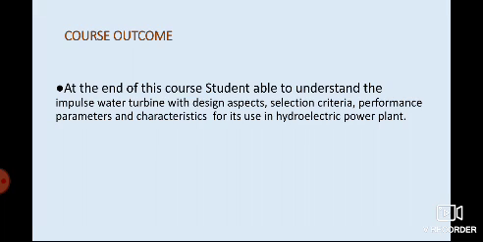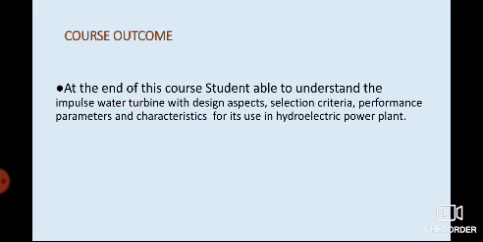First of all, let us understand the course outcome. At the end of unit number 2, you will be able to understand the impulse water turbine with design aspects. You will understand how the impulse turbine is designed, how the number of blades, number of jets, and the head are selected, from the design criteria, selection criteria, performance parameters, and characteristic curves for its use in a hydraulic power plant.